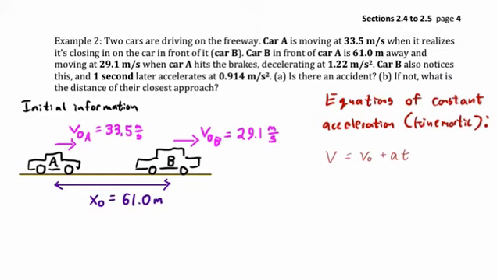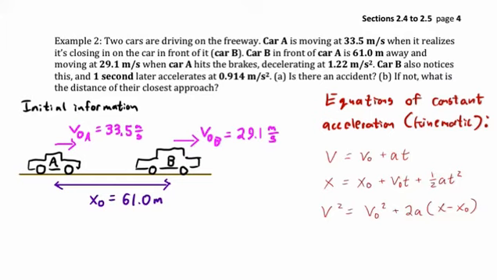When I write v without any subscripts, that's the instantaneous velocity, so really it's the final velocity, the one happening at the moment that you're calculating. We also have x equals x naught plus v naught t plus 1/2 at squared. And lastly, v squared equals v naught squared plus 2a times (x minus x naught). Those are the ones that potentially may be helpful. We might not use all 3 of them, but it's good to collect our equations. Those really are the 3 main equations of kinematics, of constant acceleration motion.